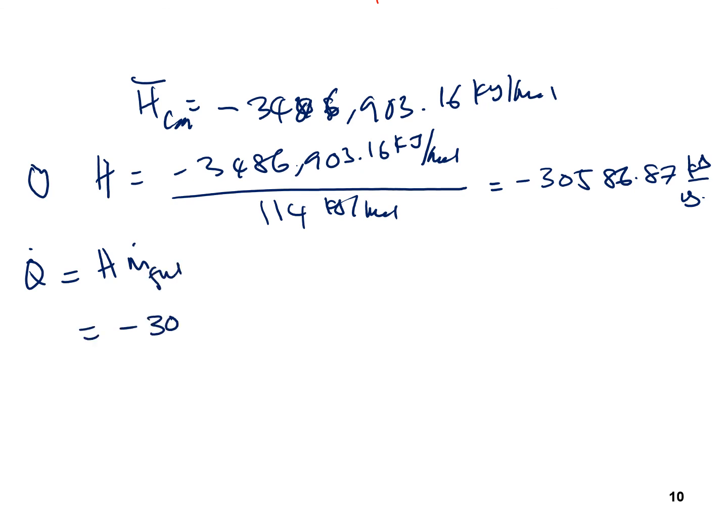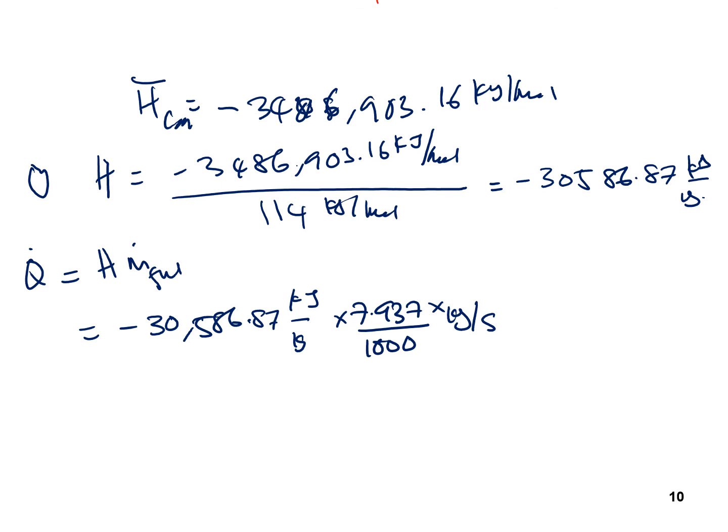And then Q dot is equal to H kali dengan m dot fuel, which is minus 30586.87 kilojoule per kilogram darab dengan 7.936 gram per second, which means bagi dengan 1000 and then kilogram per second.